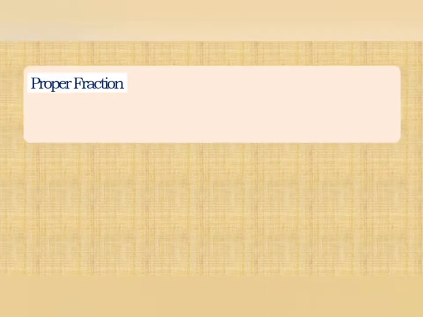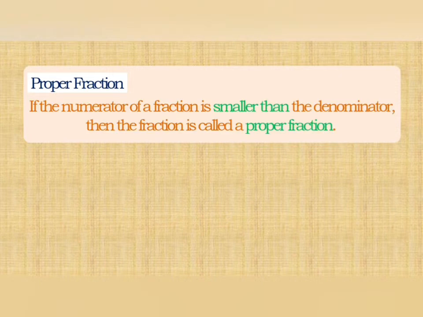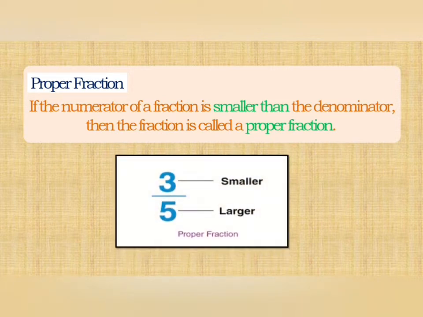Next, types of fraction. Here is the first one, proper fraction. When comparing the denominator, numerator should be smaller. See this example 3 by 5. Here the numerator 3 is smaller than the denominator 5. So 3 by 5 is a proper fraction.